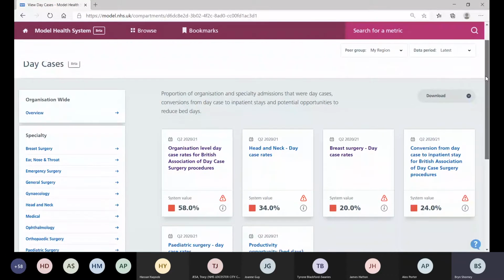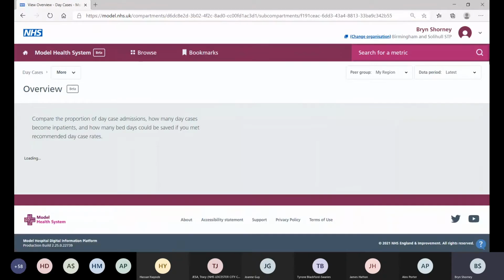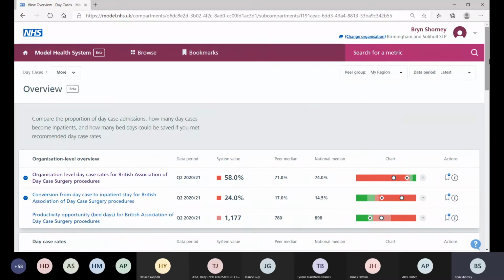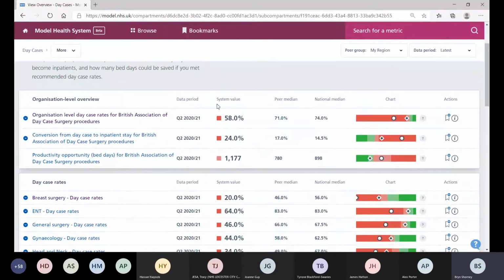So we've got the day case rates. Within this overview, when it loads, we'll have the overall British Association of Day Case Surgery Procedures basket. You can see that this system is performing at 58% compared to the regional peer median of 71% and the national median of 74%.